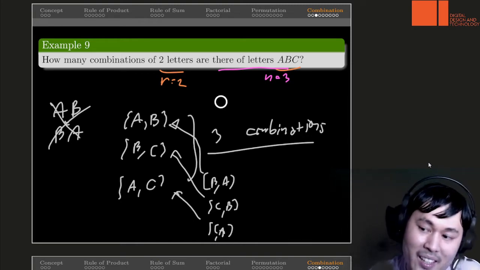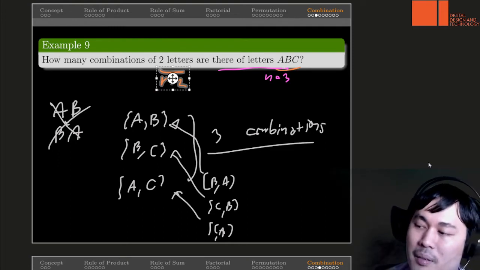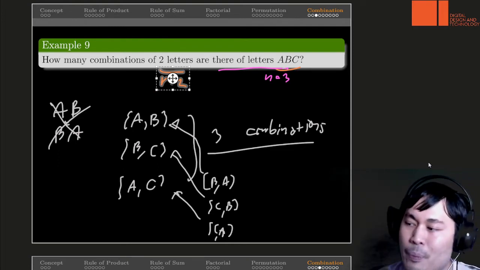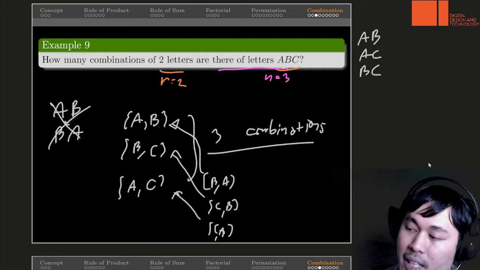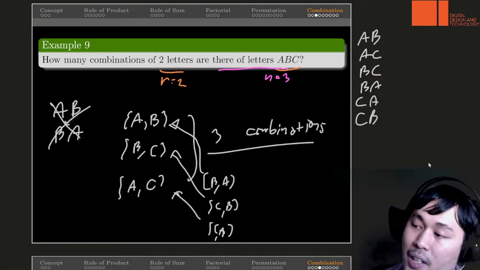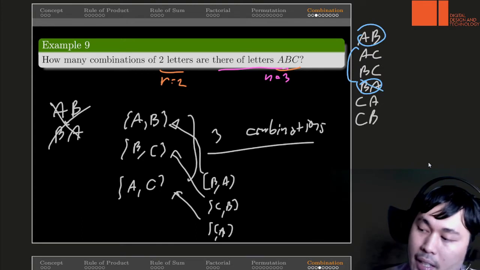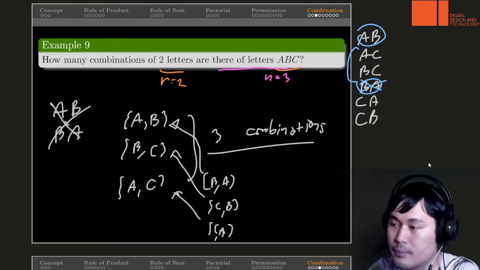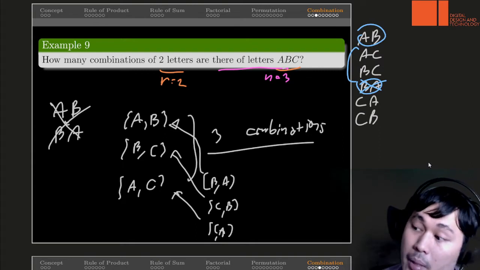And so in a sense, you can get combinations from permutations. If you go back and list all the permutations, then you can pair up or cross out the ones that have the same combinations. So AB and BA are the same combination.